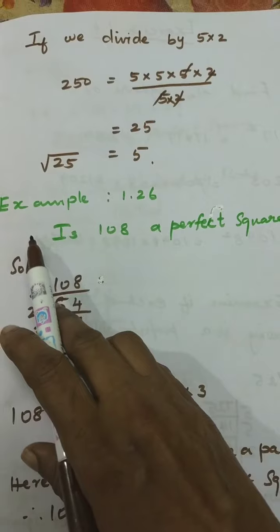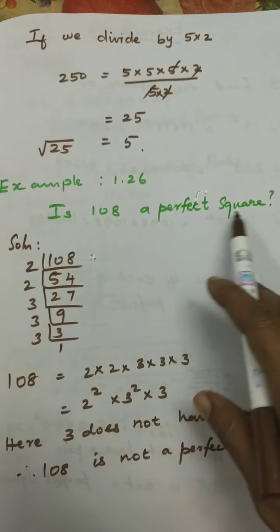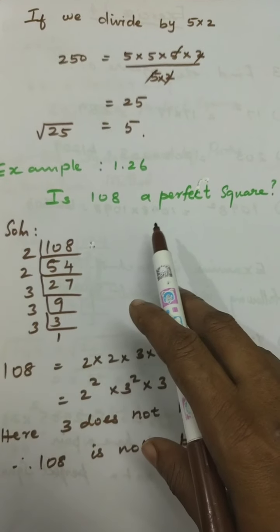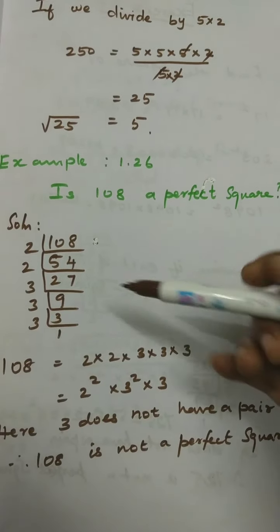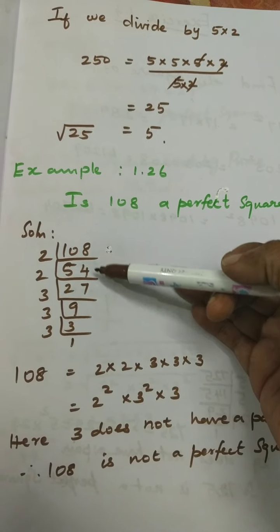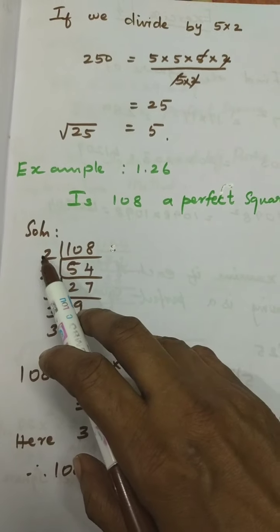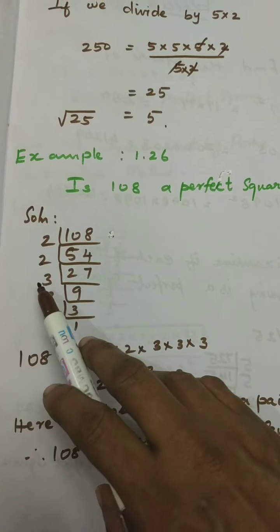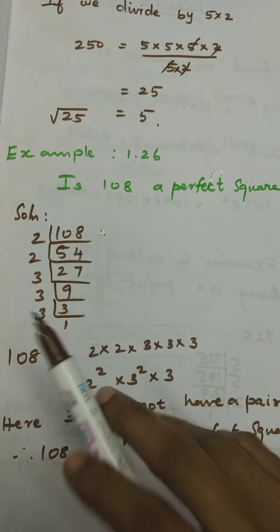Okay. The next example 1.26. Is 108 a perfect square? That is what they are asking. So you have to check by the prime factorization method. There is 108, 2 table 54, then 2 table 27, then 3 table 9, then 3 table 3, then 3 table 1.